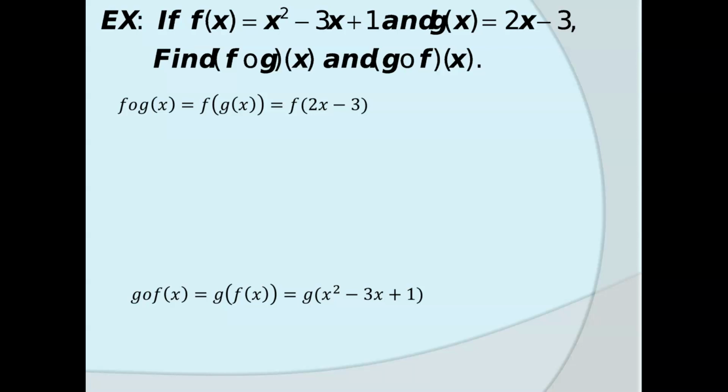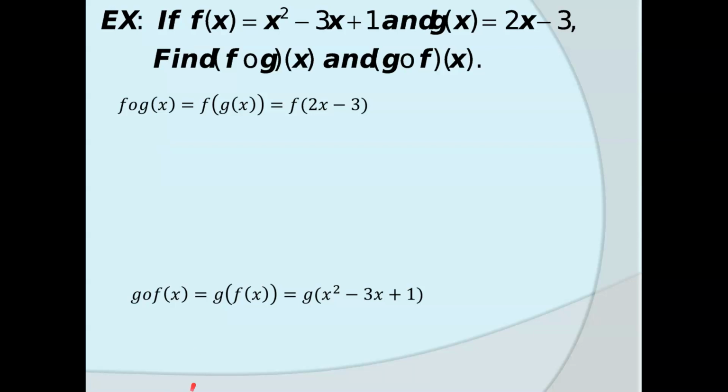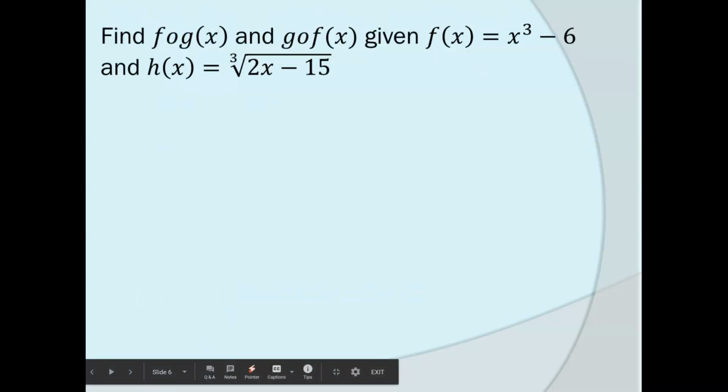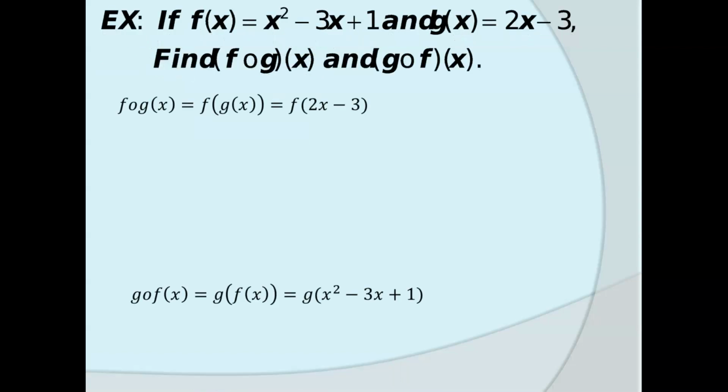So now this is a lot like our examples at the beginning. So what we're going to do is everywhere x was on f, we're going to replace it with 2x minus 3.